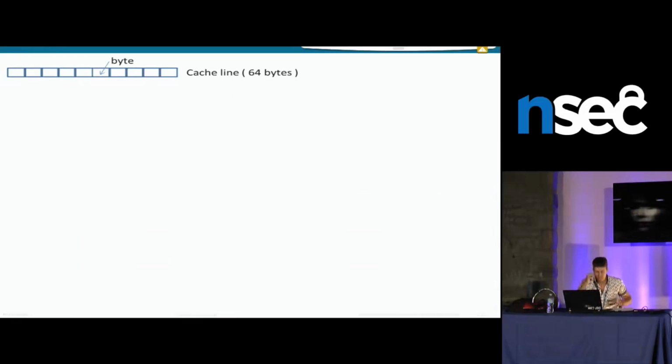All right, so now it's time to deep dive into the way we encode data inside the cache. A cache line is typically 64 bytes. Here the way we do it is 1 bit corresponds to 1 cache line. When you read a byte of memory that is not in the cache, it's the whole cache line that is brought in from memory all the way up to the first level cache so that you can get access to it.